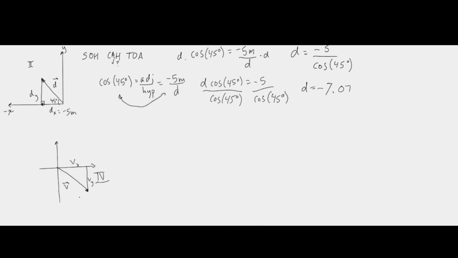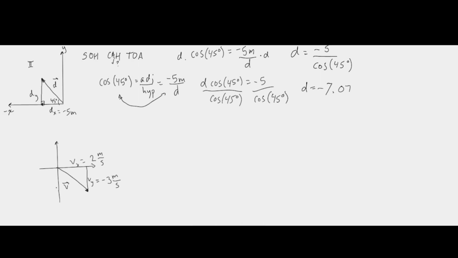Okay, now, let's say that we're given Vx as being equal to 2 meters per second. And then let's say that we're given Vy as being equal to -3 meters per second.